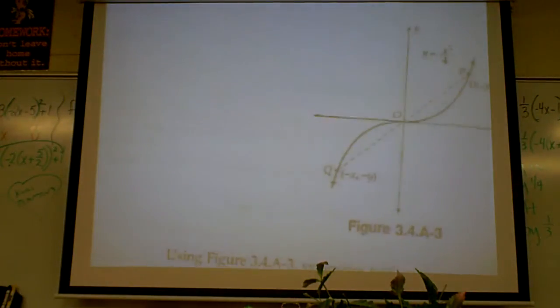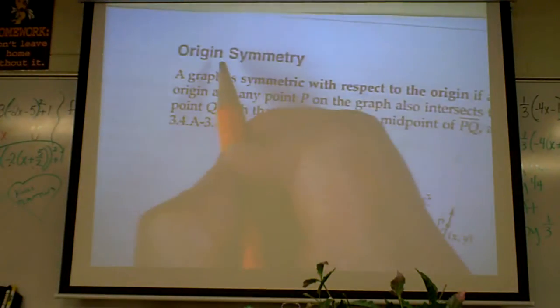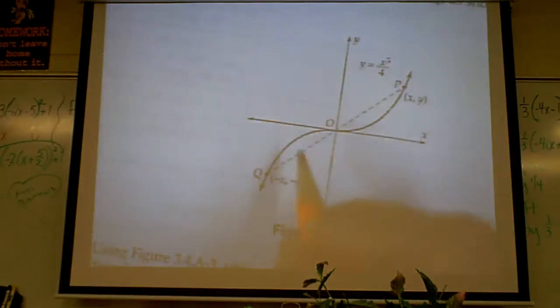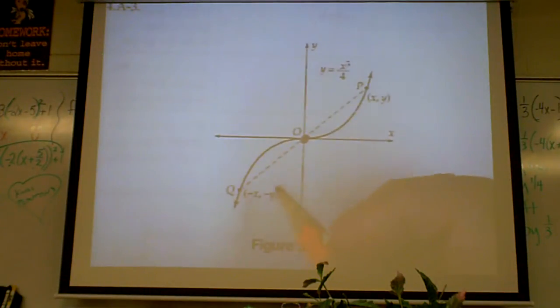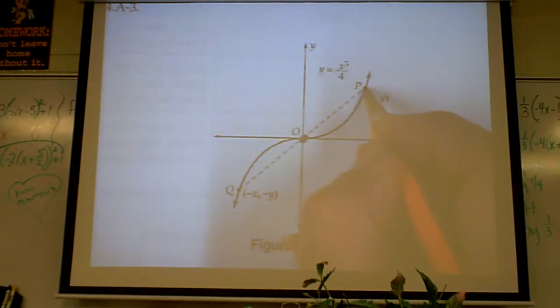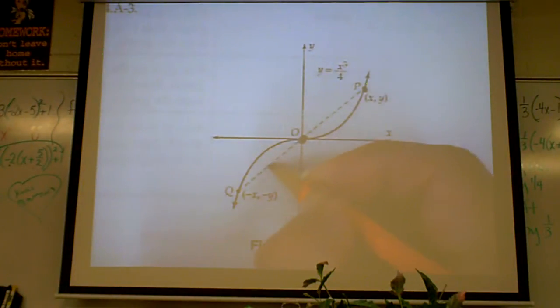The last symmetry you're going to do is the origin. You guys know where the origin is? Here's the origin. Here's a picture. How do you know if a graph has symmetry to the origin? If you picked a point on the graph and you drew a line through the origin, straight through to hit another point, these two should be equal in size.